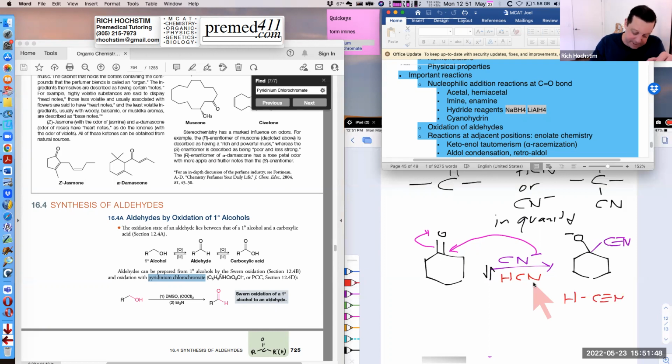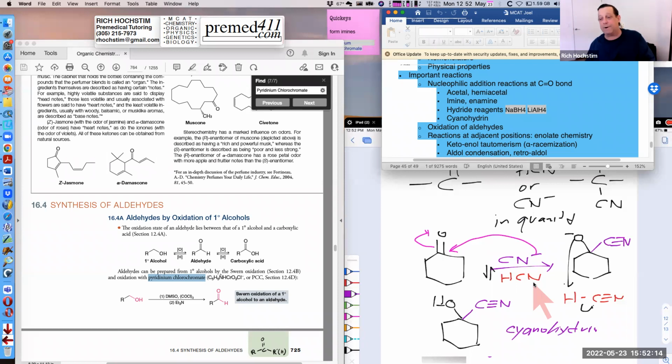And what happens is this pair of electrons grabs this hydrogen, makes more HCN, and that's going to give you this. So this will give you the OH, and then this will give you the C triple bond N. And this is called a cyanohydrin. And cyano comes from the cyanide, hydrin comes from the hydroxide.